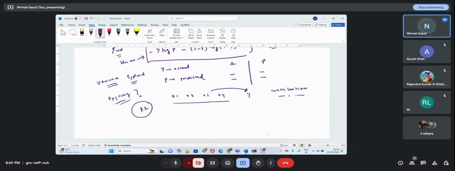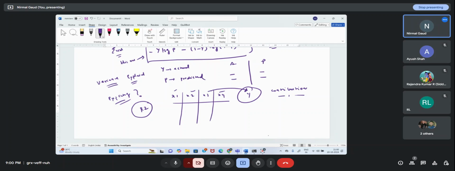Whether this is applicable in logistic also. Logistic also has features and a target, so how much are these features helping in predicting the target, that is the classification, 0 and 1.